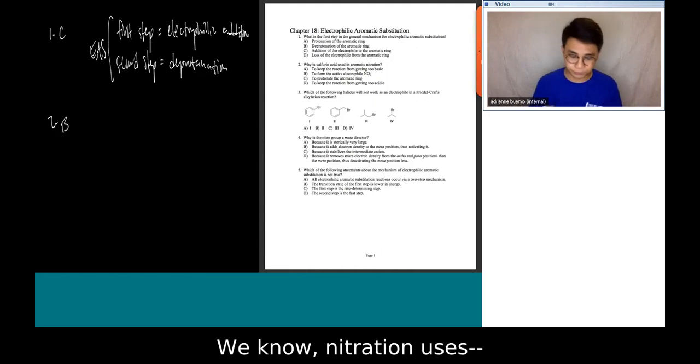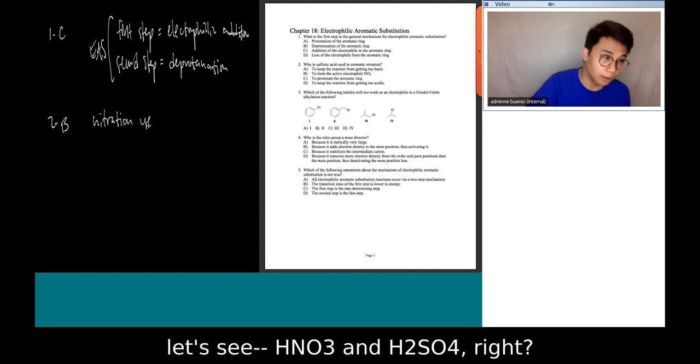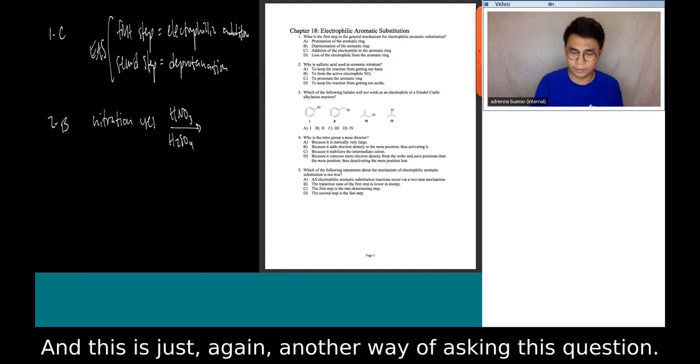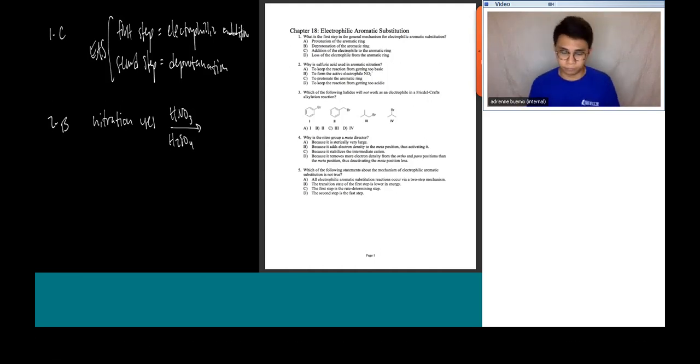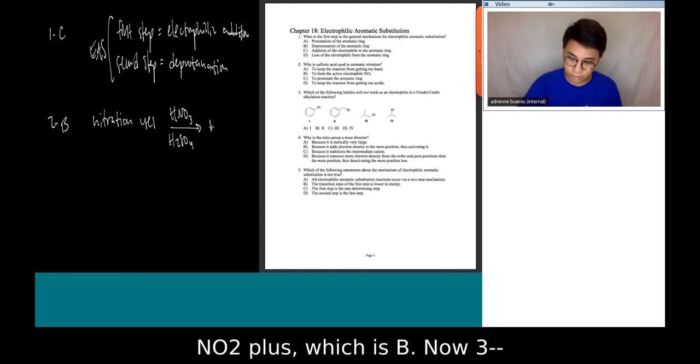We know nitration uses HNO3 and H2SO4, right? This is our sulfuric acid, and this is just another way of asking this question. But we just needed to know that it makes NO2 plus, which is B.